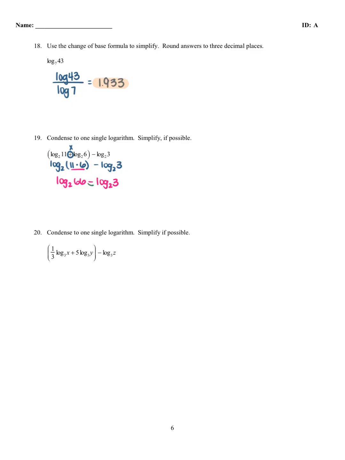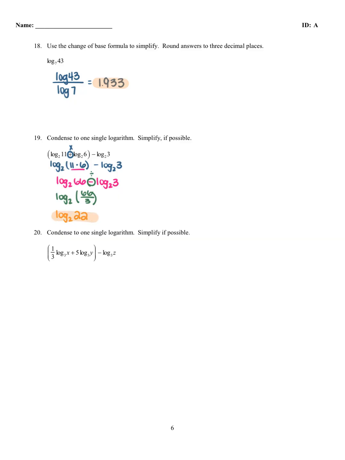From here, you have subtraction, which is representing division or fractions. So that gives you log 2 of 66 over 3. 3 goes into 66. So you're going to simplify that fraction. That's what it means when it says to simplify. So this should give you log 2 of 22.